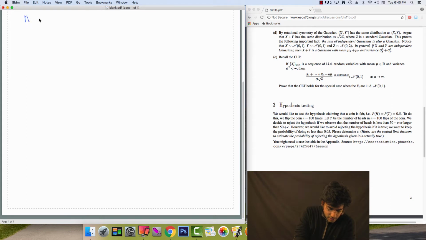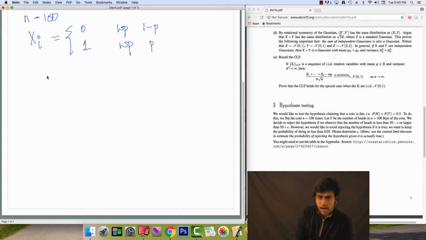We have 100 flips of a coin. Each flip is either tails or heads with some probability. So this is with probability 1 minus p and with probability p. And each of the coin flips are independent.